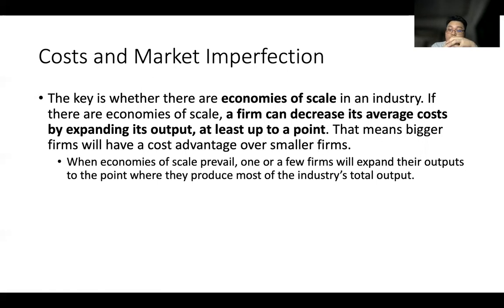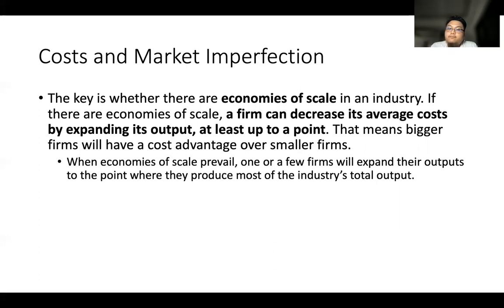So that could allow the firm to decrease its average cost, because in the example I gave they're producing more than double. So when economies of scale prevail, one or a few firms will expand their outputs to the point where they produce most of the industry's total output.